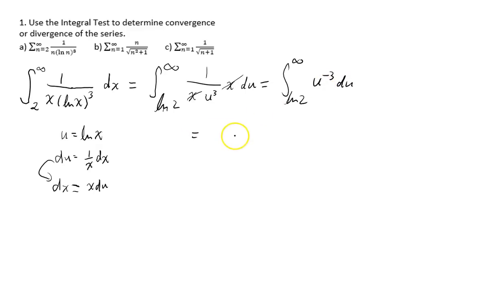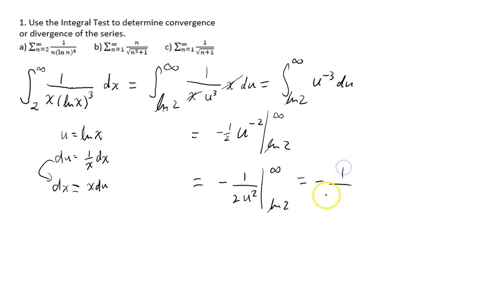So now we can integrate using the power rule, which says add 1 to negative 3, which is negative 2, put the reciprocal in front, then you plug in infinity and log of 2. This is like 1 over 2u squared, with infinity and log of 2 going in, and that gives you 1 over 2 infinity squared.